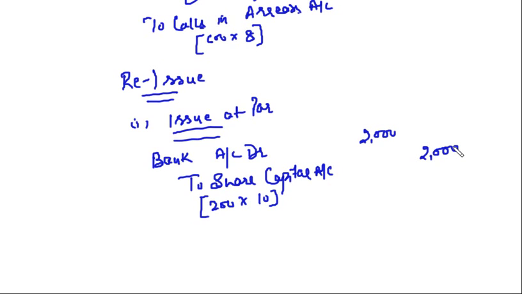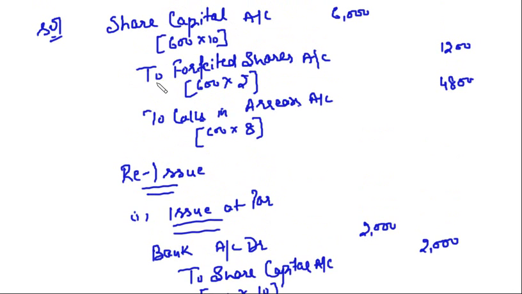I told you whatever the balance is there in the forfeited shares account, that will be our capital gain. Isn't it? So you will say, sir, this rupees 1200 is the capital gain. But I will say this rupees 1200 is not the capital gain, because this amount is calculated for 600 shares, but we have reissued only 200 shares.